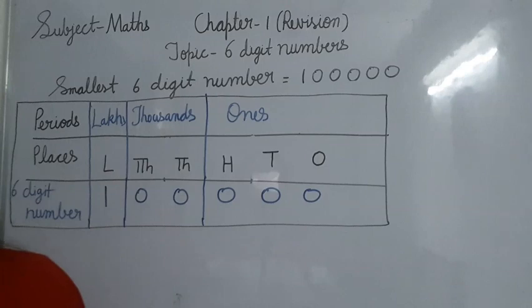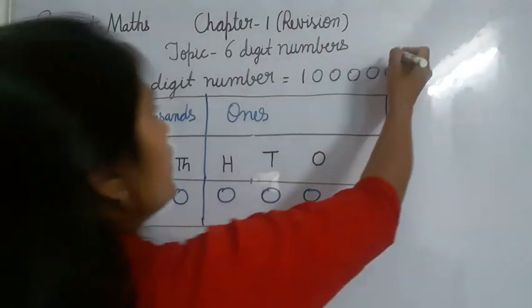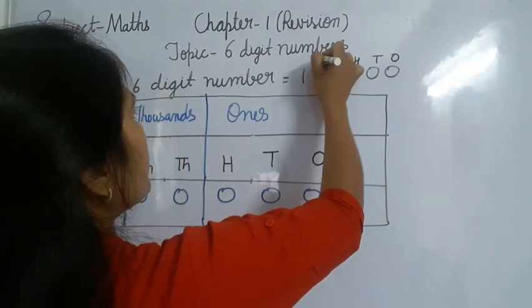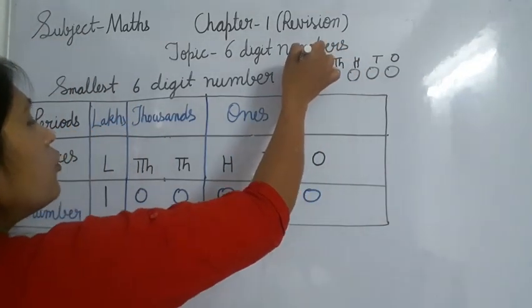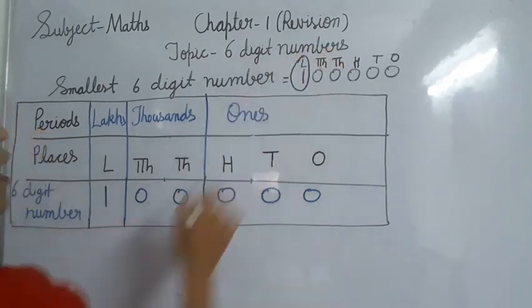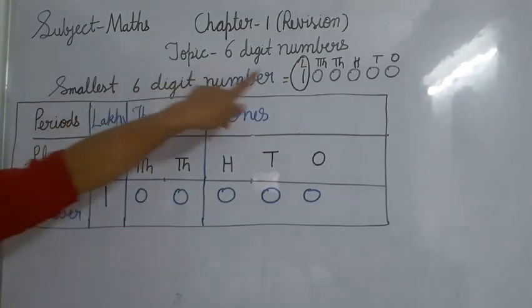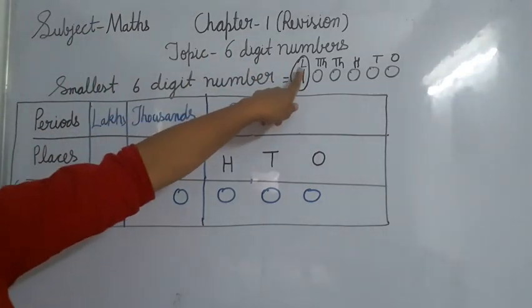So how will we read this number? To read the number, first we need to learn about the places and the periods. Then we are able to read the number. Till here we know ones, tens, hundreds, thousands and 10,000. Here we are introducing one new place, L. L stands for lakh.